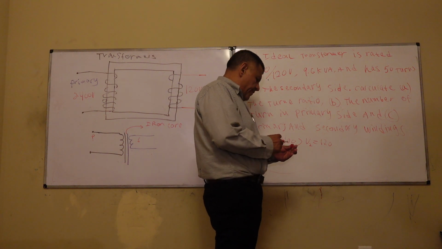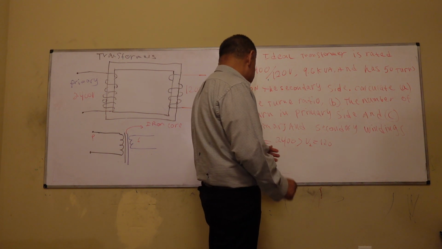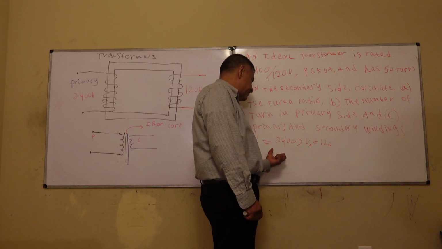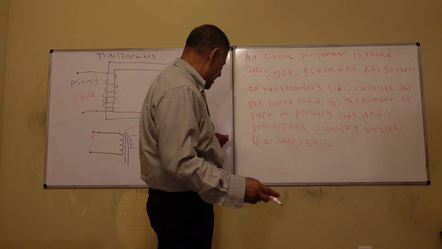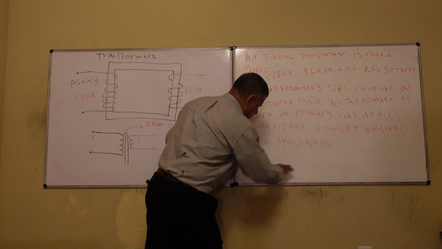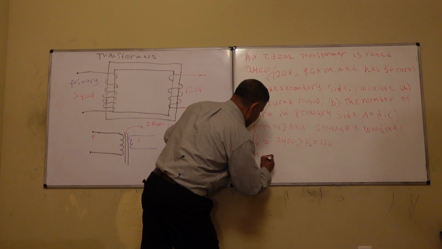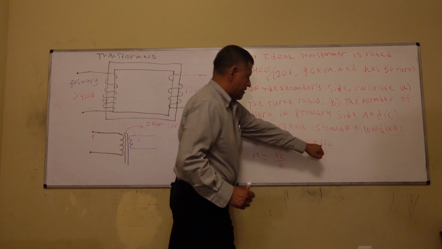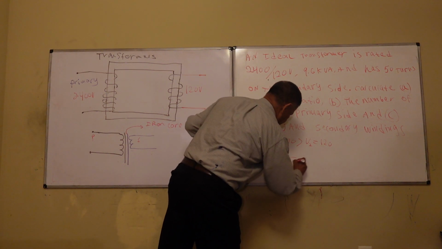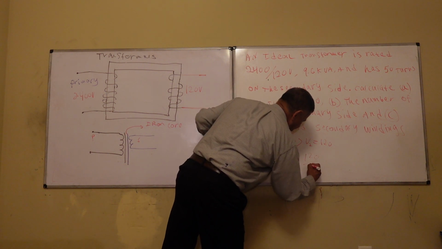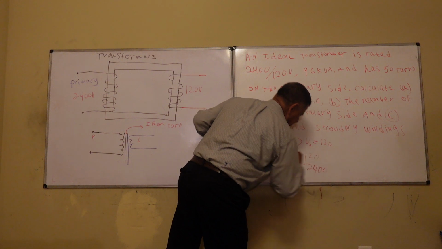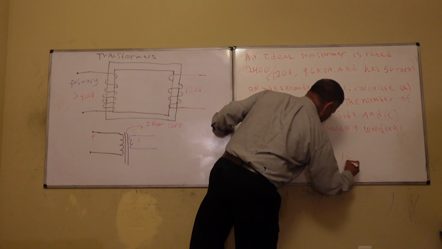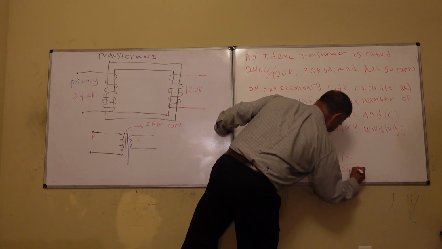How does it make more sense? It makes more sense to put this number on the top and this in the bottom. So the turn ratio n is equal to V2 over V1, which is 120 over 2400, and those cancel out and you get 12 over 240.